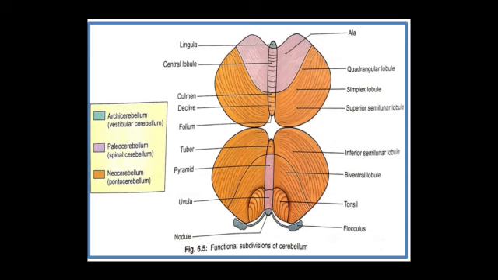The paleocerebellum, in pink, contains the central lobule with ala, as well as the pyramid and uvula. The rest of the cerebellum is depicted as the neocerebellum.